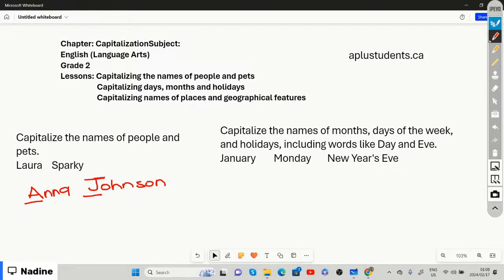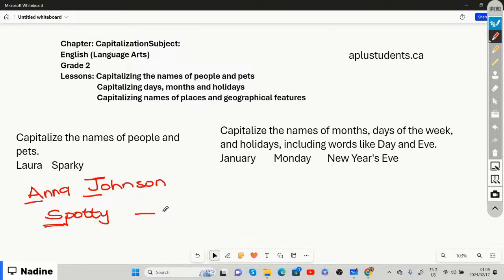As well as pets. Usually we just say, this is my dog, this is my cat. But if you have a pet and you name your pet, whatever name you give to your pet, Sparky, Spotty, whatever the name is, we also capitalize that.